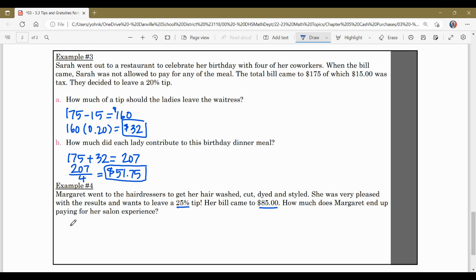Well, to find the tip, I take the price of the salon experience and multiply by 25% as a decimal. So this gives me a tip of $21.25. Then to find the total bill, I take my $85 and add my tip, $21.25. And this tells me I'm going to end up paying $106.25.